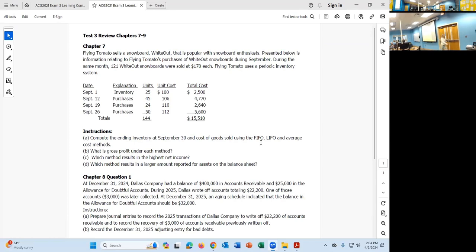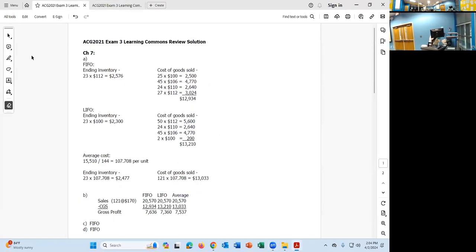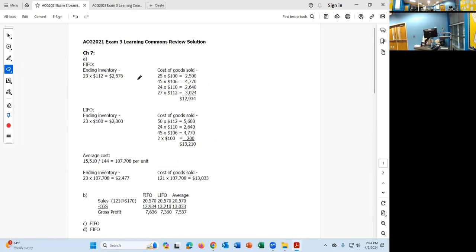So I'm just going to pop over to the solution and then some of these I'll write out and some we'll just kind of look at as we go. But what happens under FIFO? It's really important to think. FIFO stands for first in, first out.